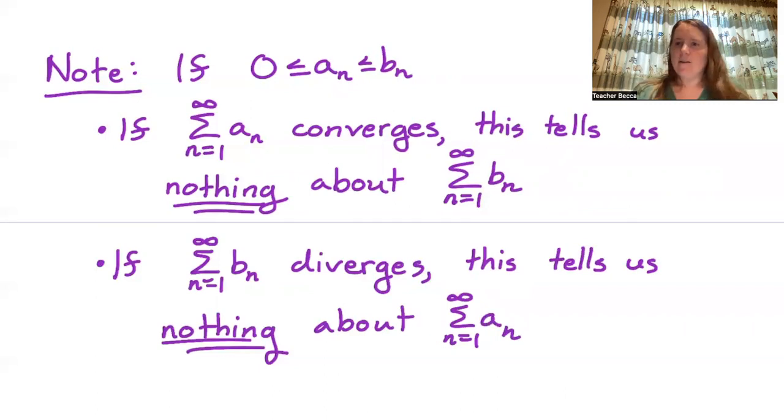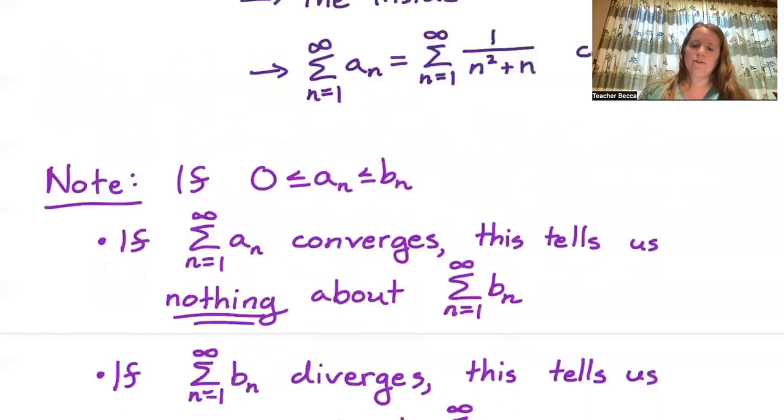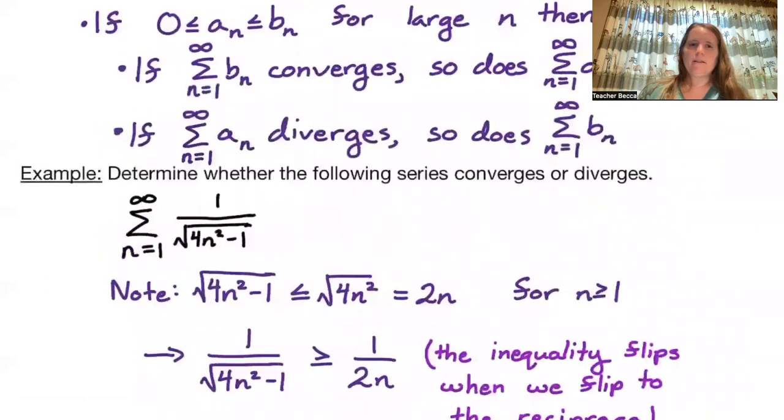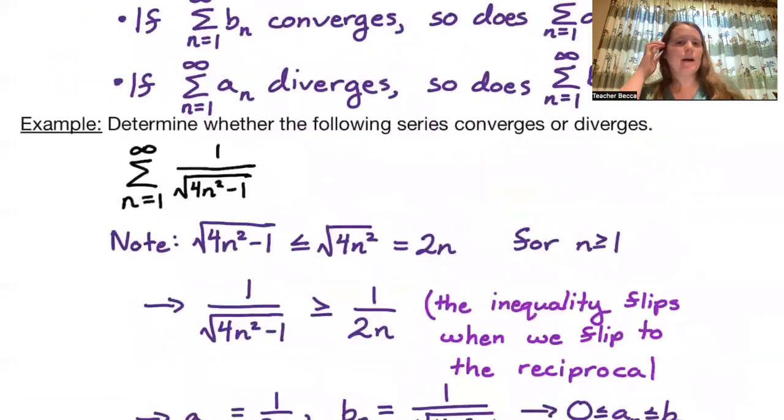So sometimes you'll pick the wrong comparison, right? So if we had happened to compare the terms of this first series to some series that had larger terms, and that series happened to diverge as well, that would give us nothing.